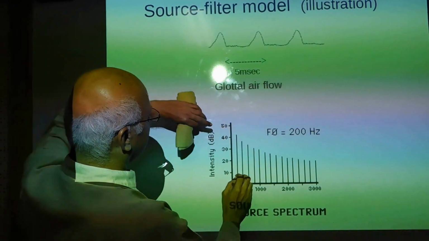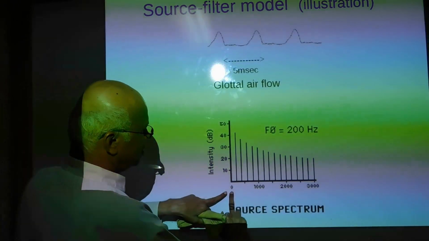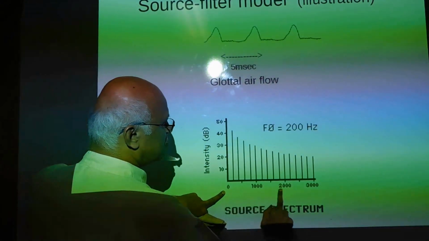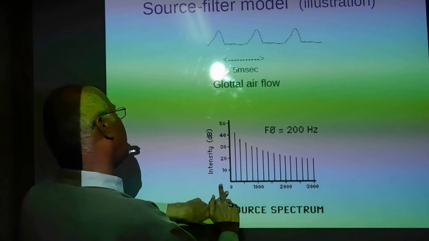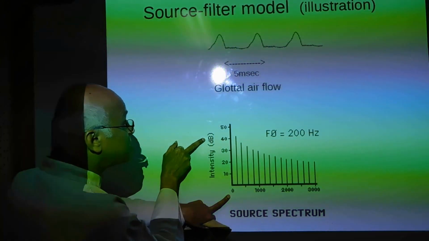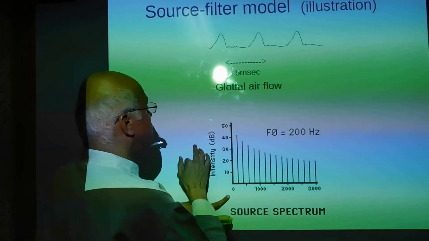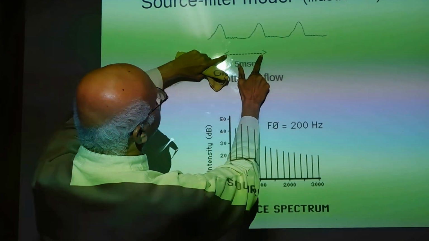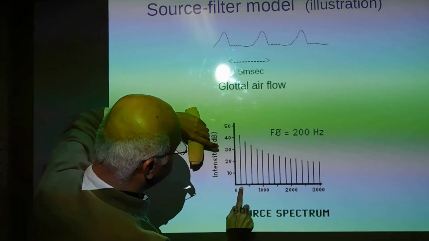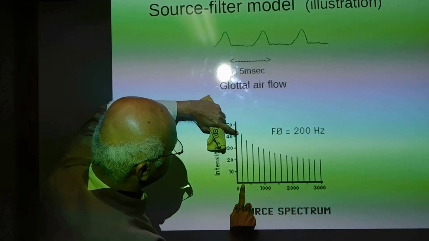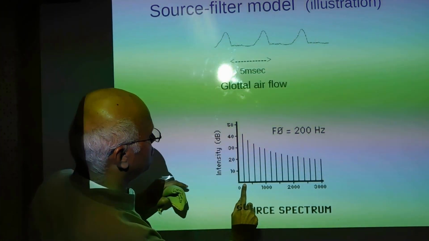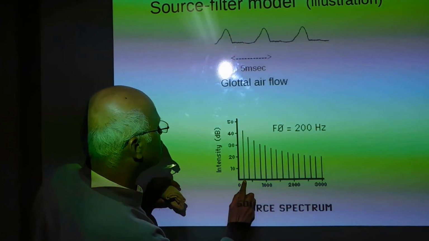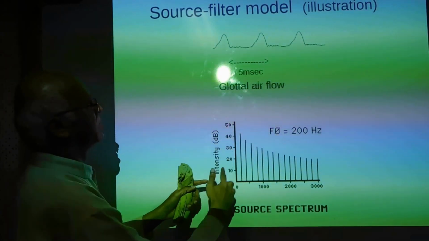So if you look at the spectrum, here is a spectrum plot, frequency along the x-axis and intensity in the decibel scale, the logarithmic scale, on the y-axis. Because the periodicity is 5 millisecond, we should see a peak in the spectrum at 200 Hz. So this is 1000 Hz, this is 200 Hz, we see a peak in the spectrum.